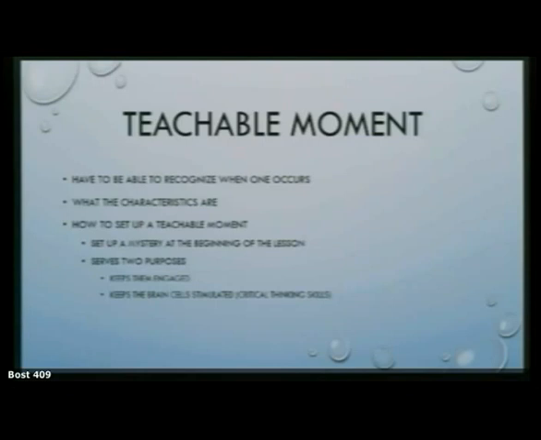They know that something's under there, and they can't wait to see what we're going to learn for that day. So, keep an air of mystery at the beginning of the lesson. That serves two purposes. It keeps them engaged, and it keeps their brain cells stimulated. These critical thinking skills will develop when you allow them to exercise their mind.